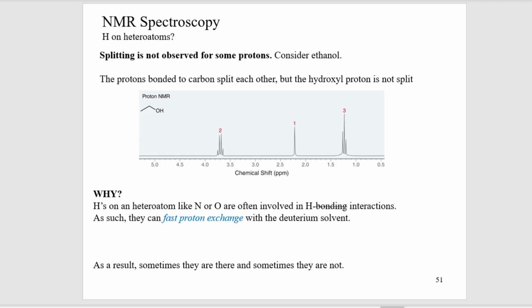The last slide I will show you on NMR before I turn you loose and have you practicing yourselves is what happens to hydrogens that are on heteroatoms. And I'm not going to get into this too much, but I want you to some degree ignore them. I call them the teenagers of the neighborhood, right?